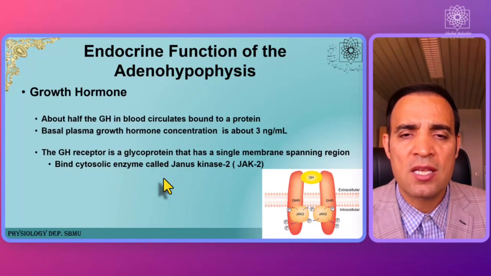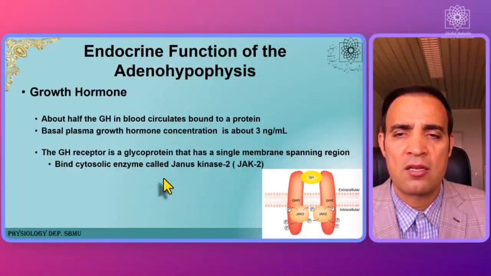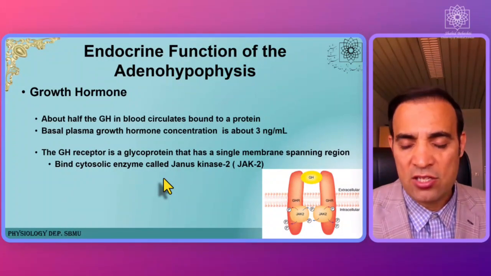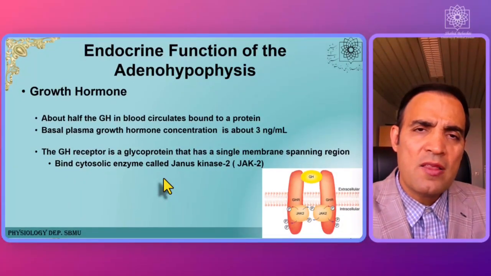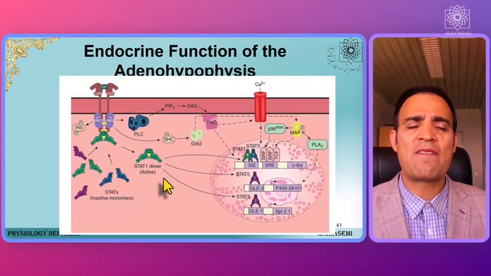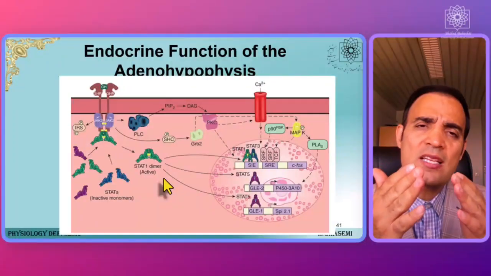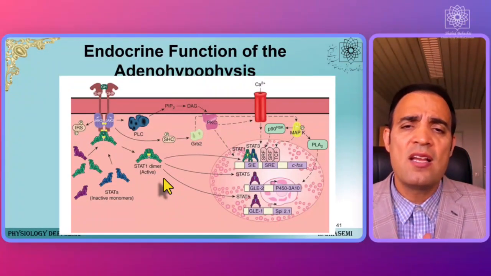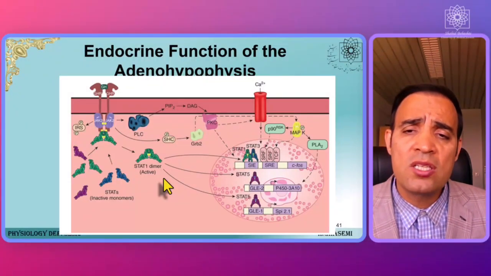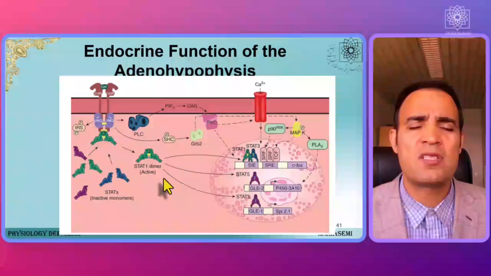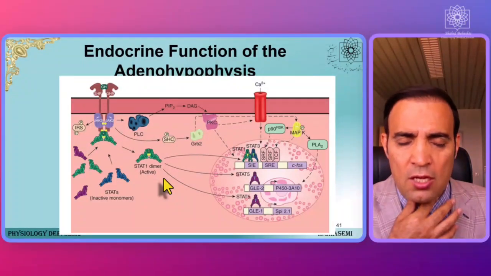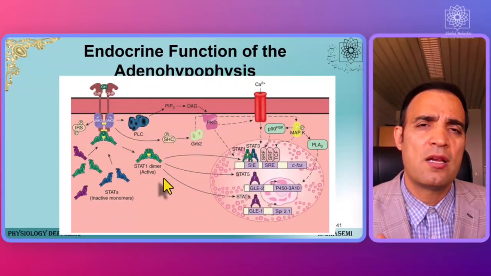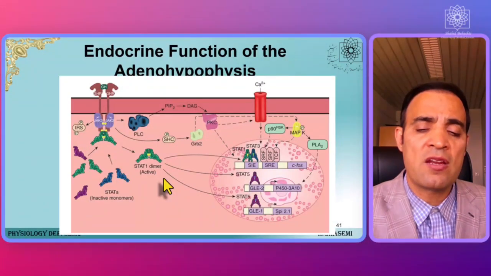The receptor is a glycoprotein that belongs to the JAK kinase family. When this hormone affects its receptor, it stimulates a cascade of events inside the cell that eventually leads to the production of different types of hormones, different types of proteins that are involved in its function.